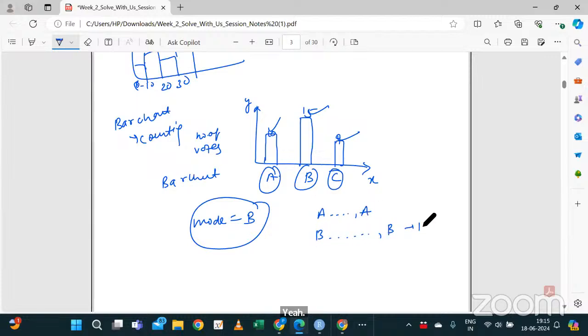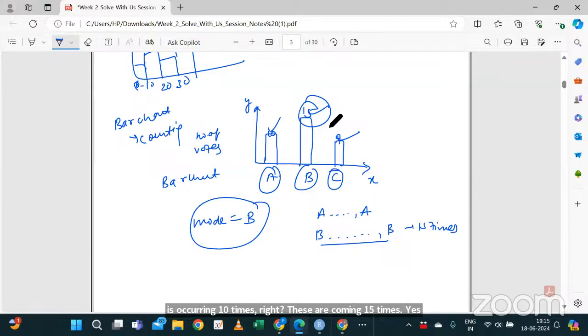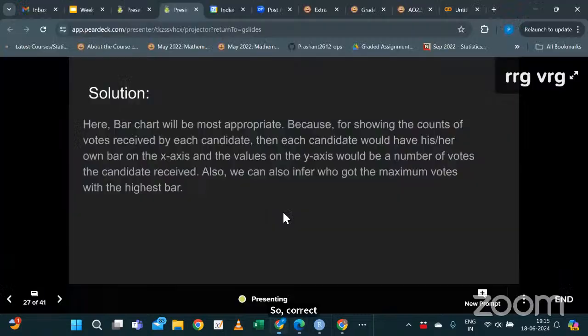So the mode will be B, not 15. 15 represents the frequency, the magnitude of the number of times B occurs. You have to be careful about these kinds of things.